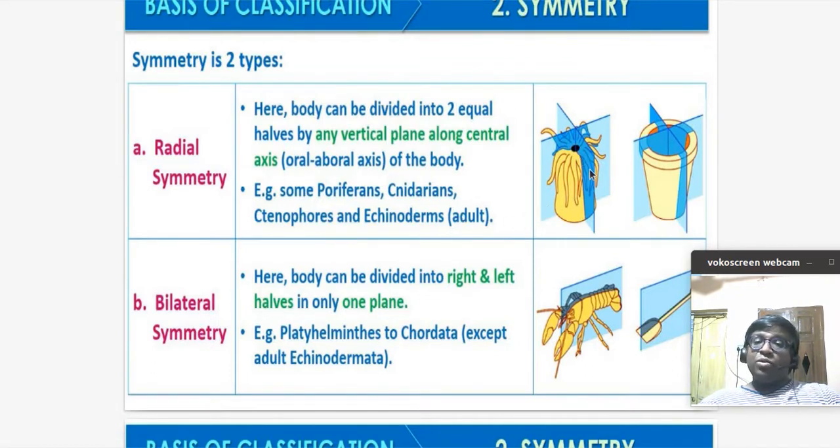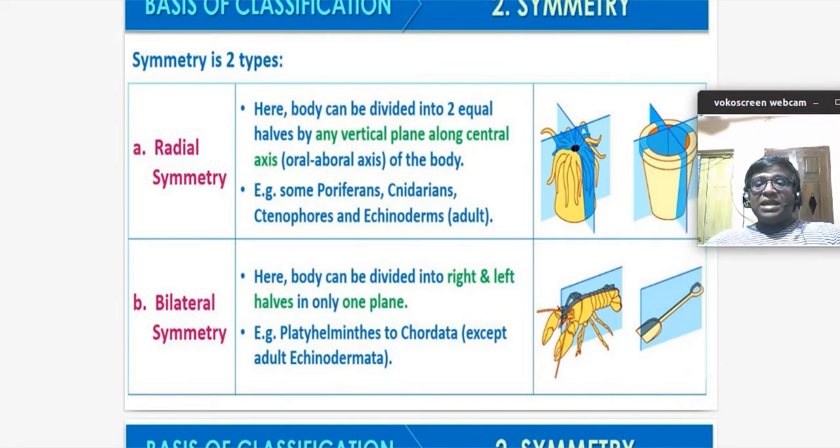In adults, you can notice this radial symmetry, whereas the larvae of echinodermata are bilaterally symmetrical. In bilateral symmetry, the body can be divided into right and left equal halves in only one plane. Like this is a lobster. So lobster can be divided into two equal halves in only one plane. Human beings can be divided into two equal halves in only one plane.